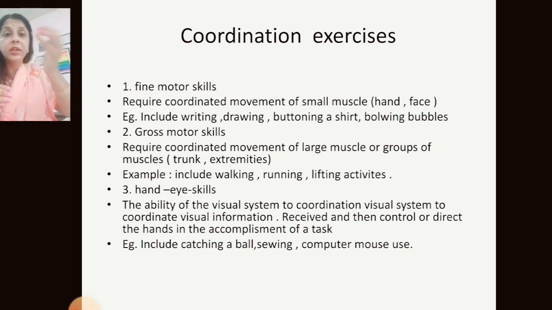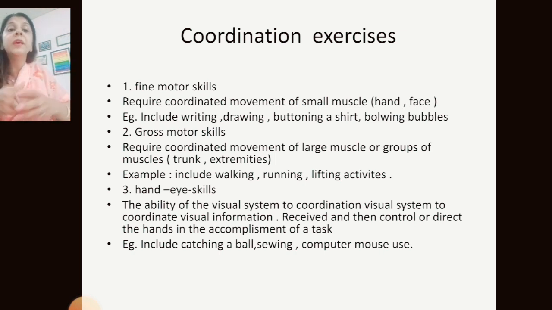For hand-eye coordination, we ask the patient to pick a glass from the table and drink water. We give training in catching and throwing a ball, and using a computer. So there are different activities we ask the patient to do to improve fine motor skills as well as gross motor skills, which require the coordinated action of the small muscle groups as well as the large muscle groups.